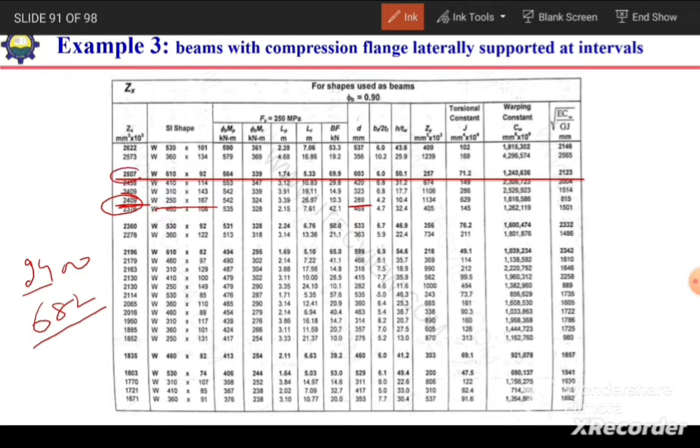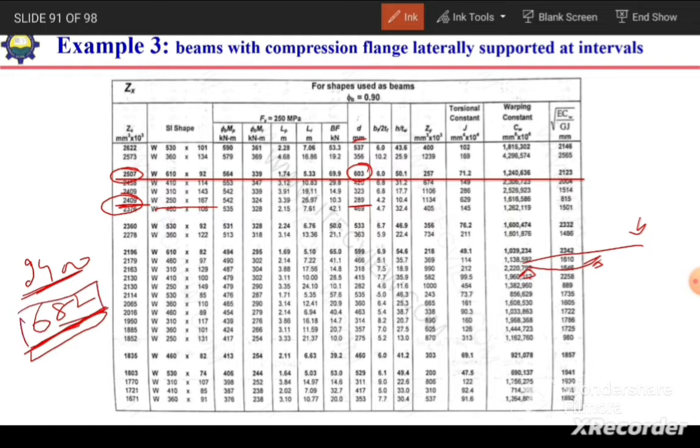If we see here, the section has a sufficiently larger value than this 2400, and if we see the D, it is 603, which is less than this 682, but we can relax the value somewhat because, as we have discussed, because of this cantilever portion, the deflection of this segment will be reduced and we can relax the depth requirement.